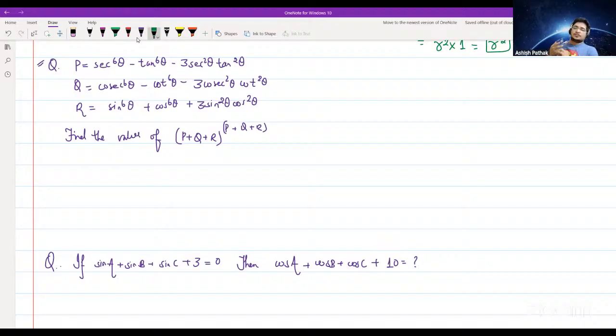Think that you will use those three formulas to solve this problem. I'm saying it again. For that we should take common nothing. If you will take common, will that be helpful?